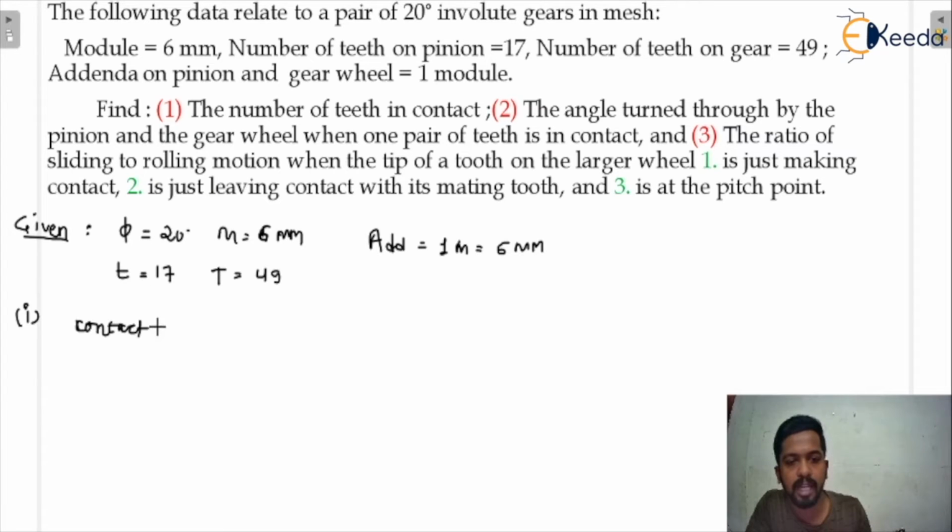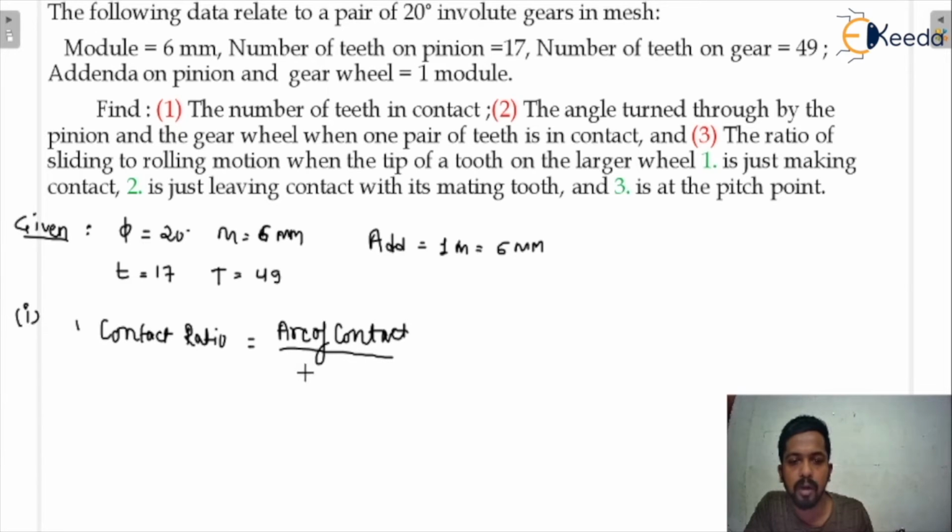We all know that the contact ratio is equal to arc of contact upon circular pitch, that is Pc. Pc means pi d by t or pi m.